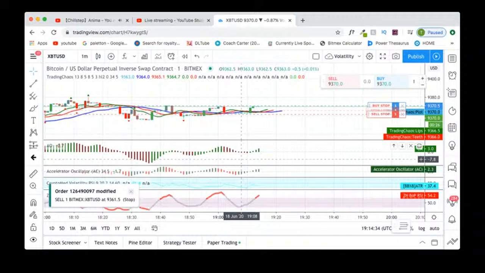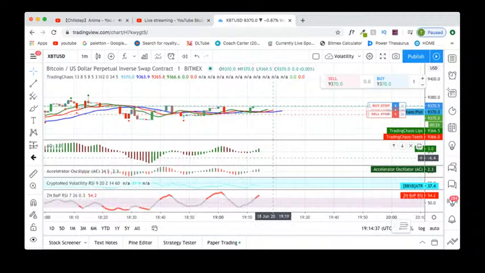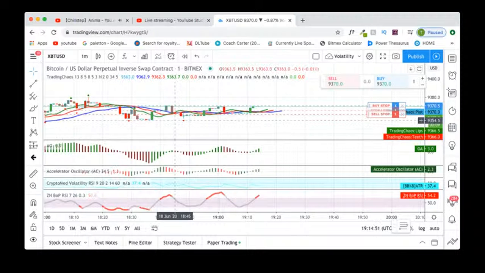It means there could be a decent move. Nothing huge, but you know, a $7 to $8 move maybe. It's been getting tighter and tighter, so I'm just going to tighten up my stops and my buys.